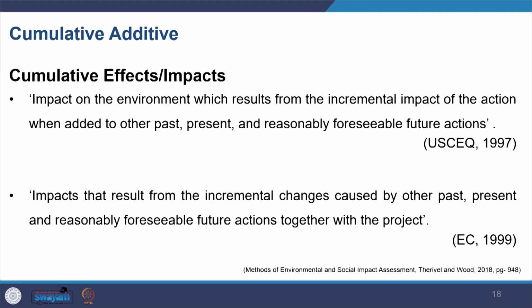We are looking at the incremental, how slowly, gradually, what is happening to the environment given what was the past, what is the present, and what's going to happen in the future. And likewise, the definitions also say that cumulative impacts result from incremental changes, what kind of changes are happening in the past and present, and what kind of change will happen in future when you take all of them together with the project.